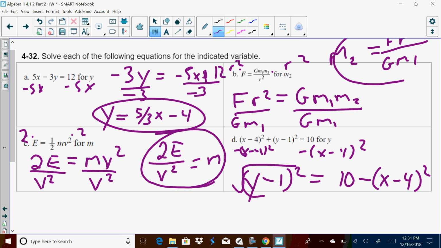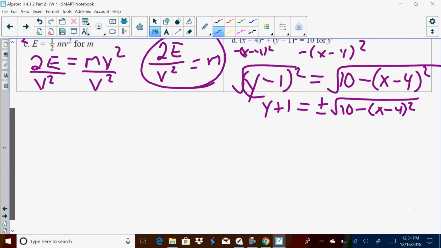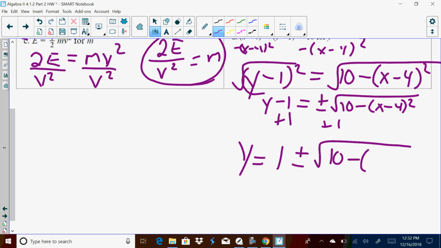Take the square root of both sides. Y plus 1 equals plus or minus the square root of 10 minus (x minus 4) squared. Each time I do that, I change it. Add 1 to both sides, so y equals 1 plus or minus the square root of 10 minus (x minus 4) squared.